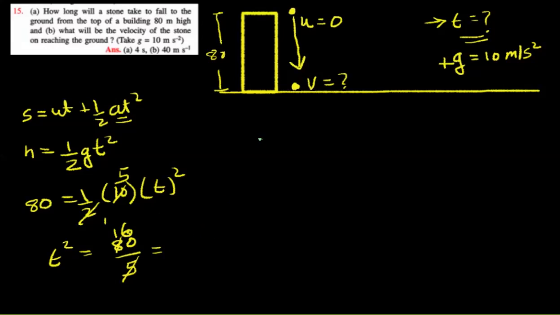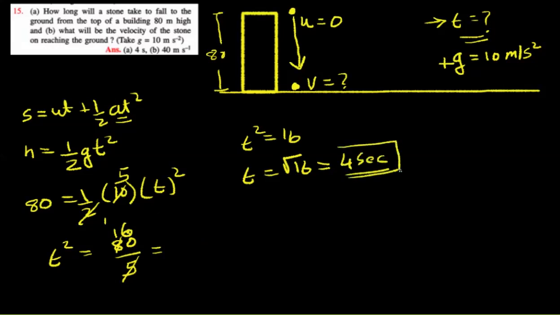So t square equals 16, so t equals square root of 16, which is 4 seconds. So the stone will take 4 seconds to reach the ground.